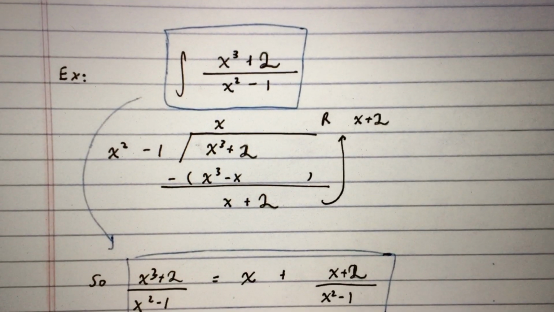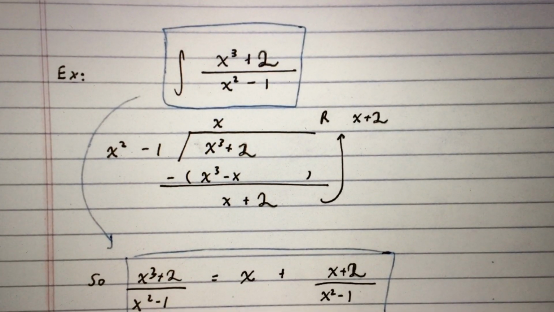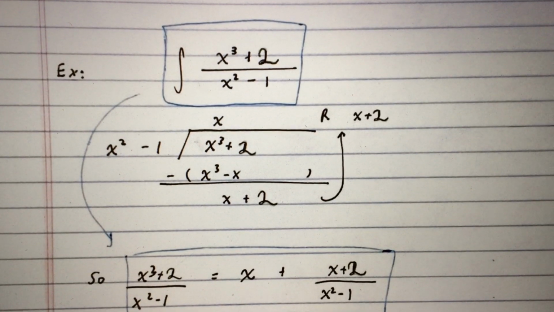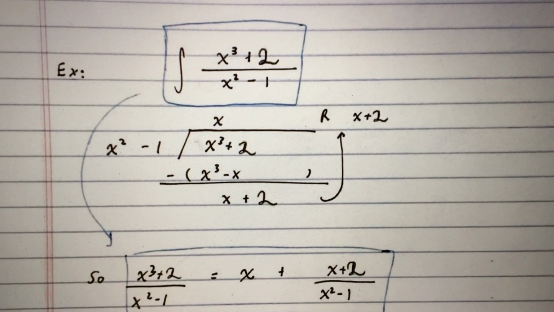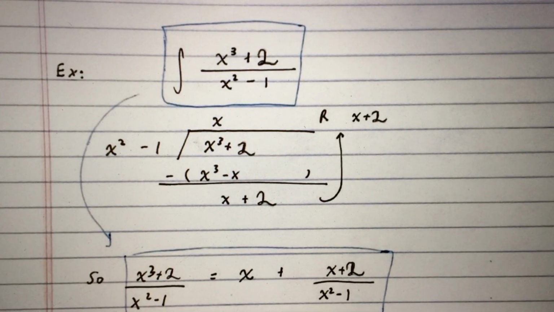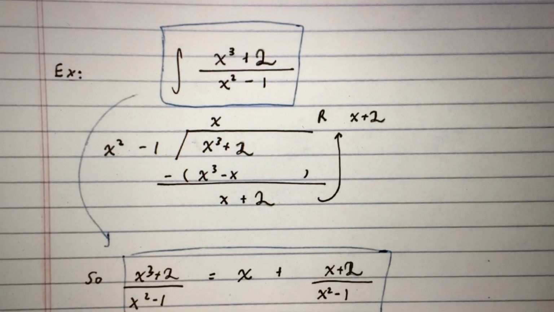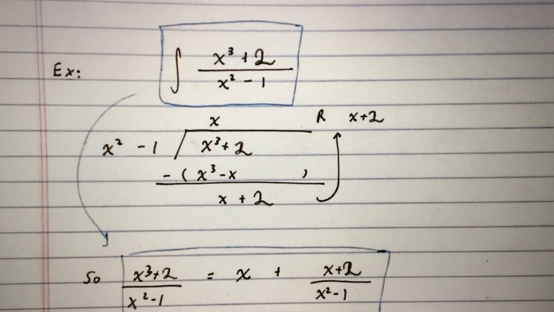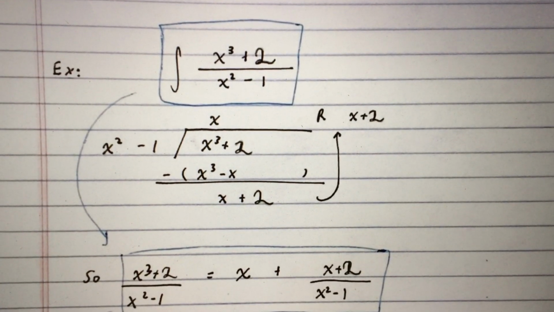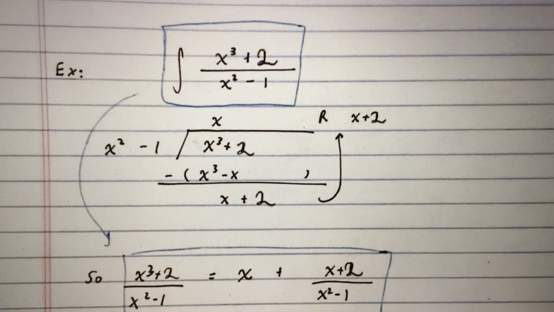Another example here is the integral of x cubed plus 2 over x squared minus 1. In this case, if you look ahead a little bit, there's going to be a problem that arises. If I did partial fractions immediately, the numerator of the original fraction has x cubed in it, but the partial fractions only have x squared.